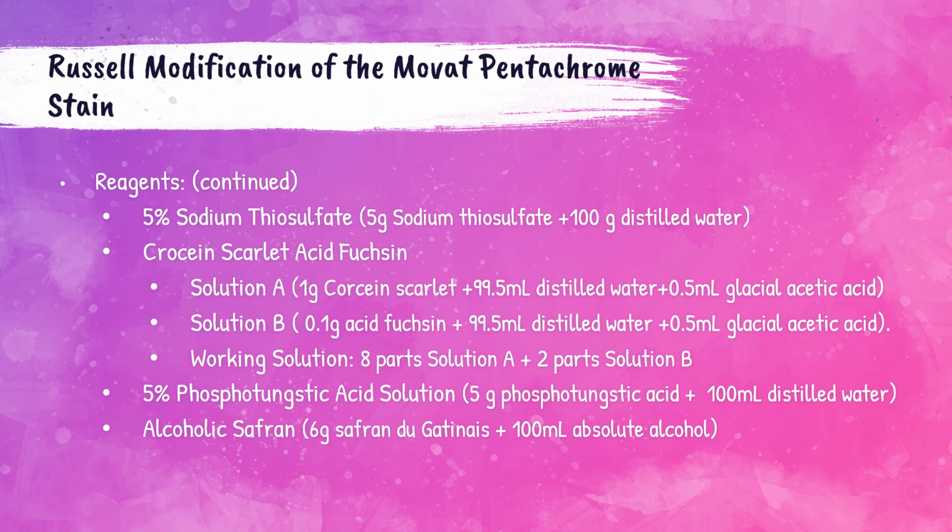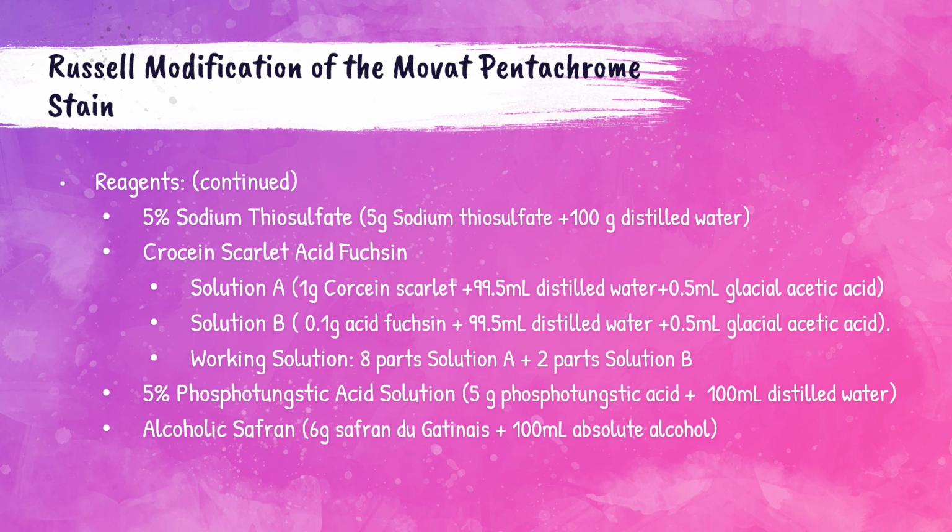Biebrich scarlet acid fuchsin, and this is created by combining solution A and solution B. Solution A is prepared by combining 1 gram of the Biebrich scarlet with 99.5 milliliters of distilled water and 0.5 milliliters of glacial acetic acid. Solution B is prepared by combining 0.1 gram of acid fuchsin with 99.5 milliliters of distilled water and 0.5 milliliters of glacial acetic acid. So the working solution is combining 8 parts of solution A with 2 parts of solution B.